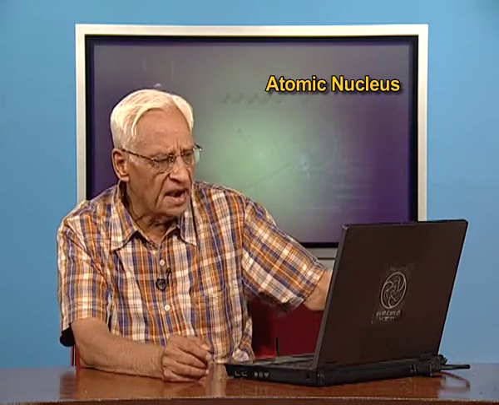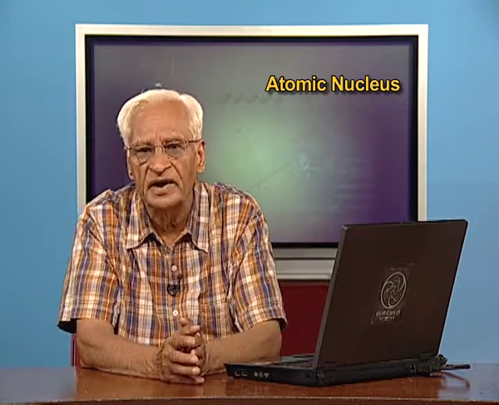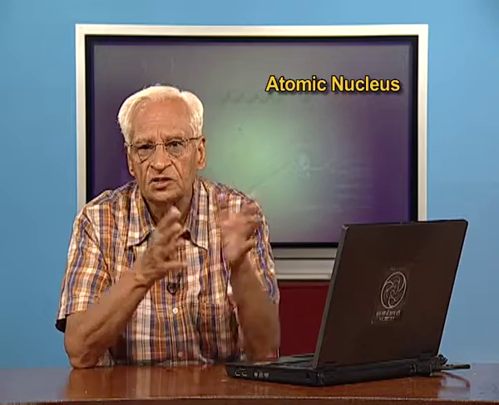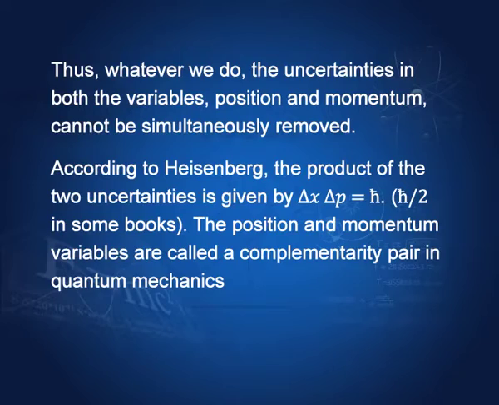So, it does not matter whether this lower limit is h cross or h cross by 2. Some books say delta x into delta p is h cross, some books would say it is h cross by 2. So, be aware of that, so that when you have to solve numerical problems, you know what you are doing.